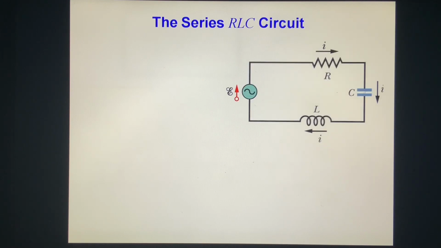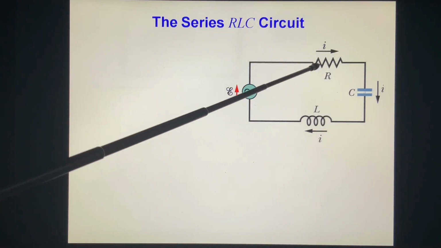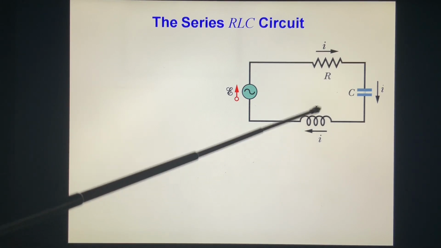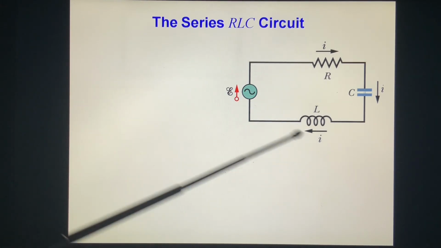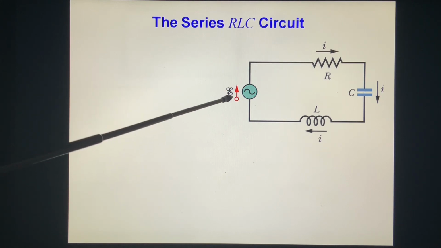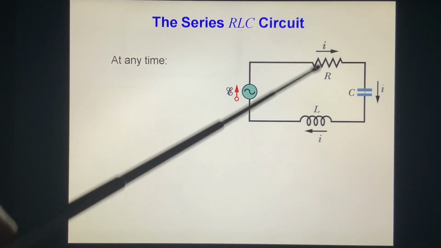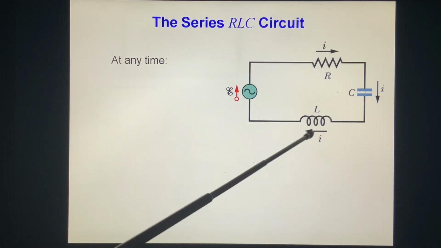The series RLC circuit. Resistor R, capacitor C, and inductor L are connected in series with this external electromotive force. At any time, because the current is alternating, this is only one instant.